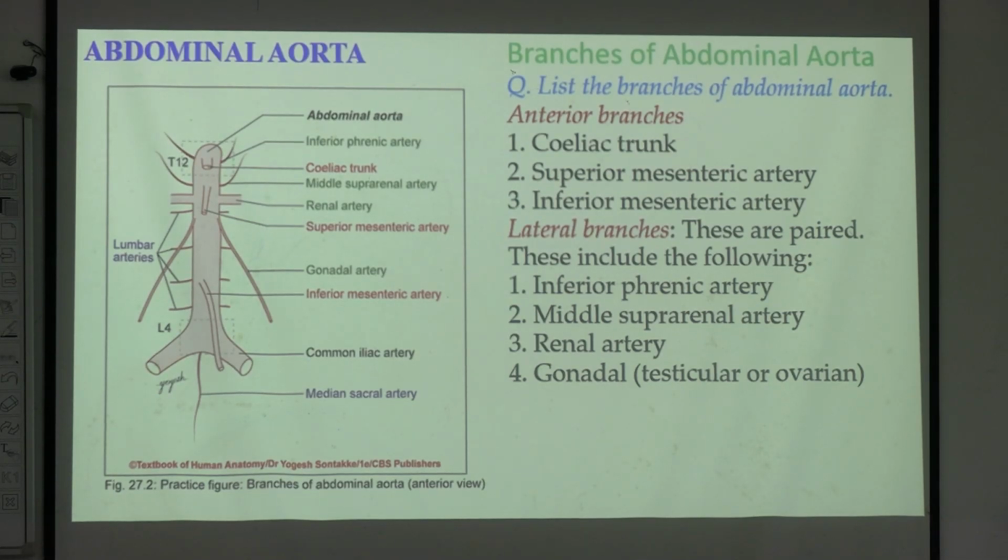Now, there can be any abnormalities, but at your level, you won't be asked what the abnormalities are. I'm telling you, see, now: inferior phrenic artery, middle suprarenal artery, renal artery, and gonadal, testicular, ovarian arteries.